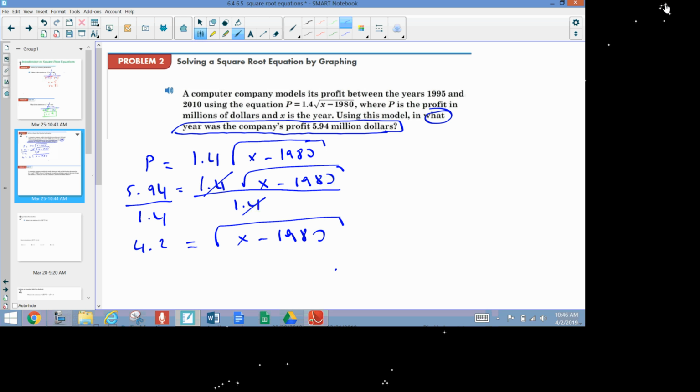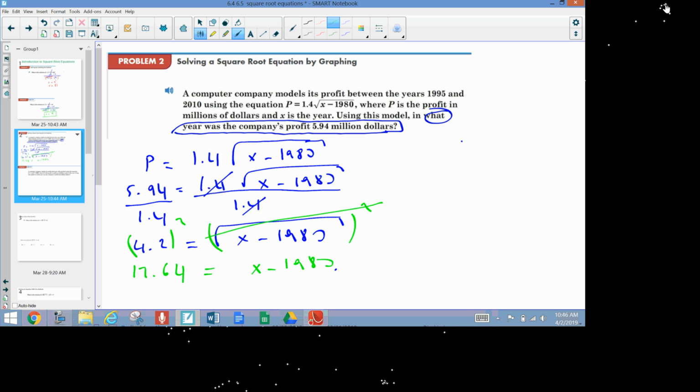So what is next? How am I going to get rid of that square root? Square, yeah. We're going to take the square of both hand sides. So it will cancel out. X minus 1980 is equal to, tell me, 17.64.